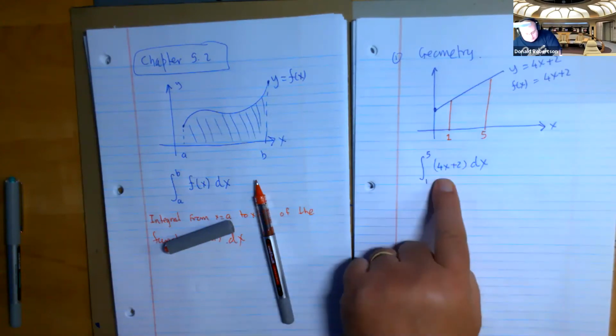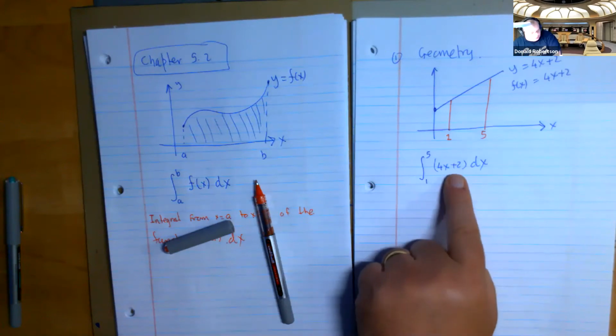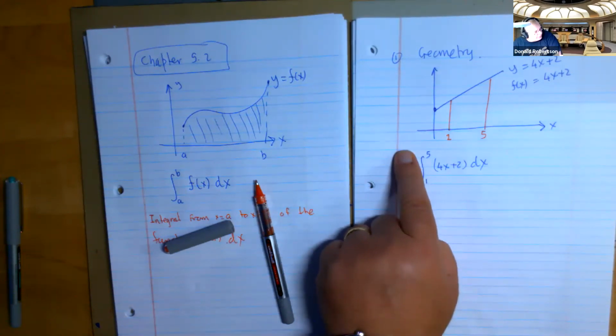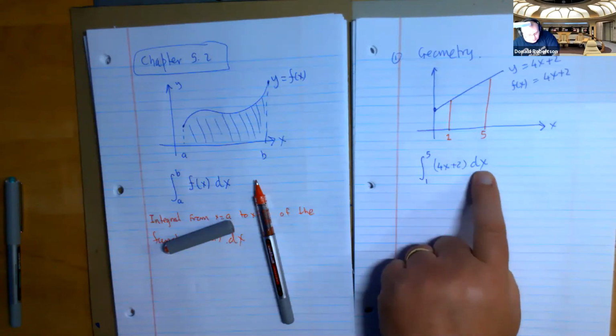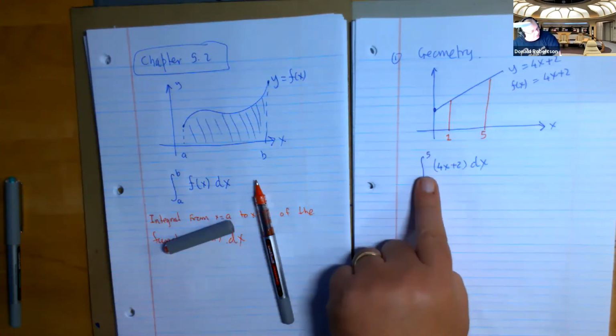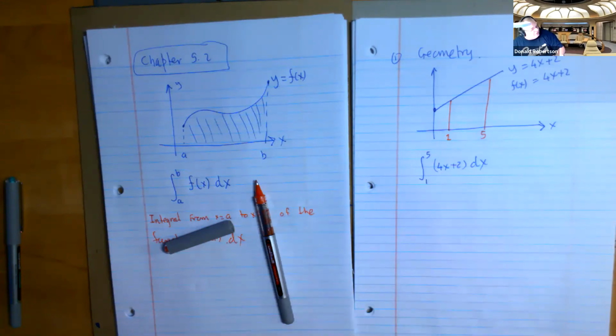Now, do you see that tells you everything you need to know to create this picture? You see the function? You see where you're going to start your x? You see where you're going to finish your x. If you're wondering where this dx comes from, do you remember the sigma f of x delta x thing? The sigma became this, the f of x is this, and the delta x became that. So the notation kind of came from the Riemann sum to this notation.